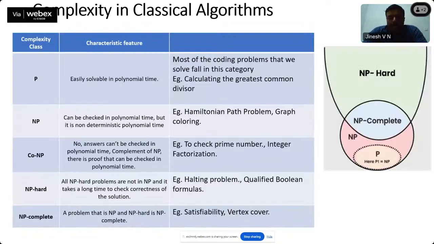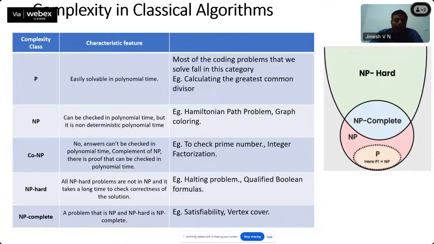So now we can see different complexity classes. If it is in P type, meaning your algorithm is able to be represented using a polynomial, then we can say it is a P type algorithm, and most of the coding problems that we are able to execute in our digital system are P type.